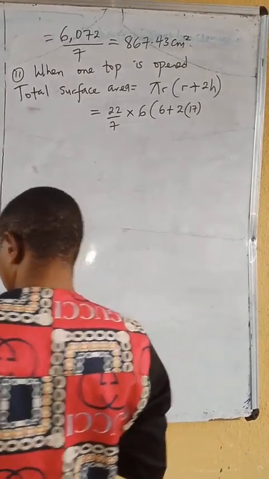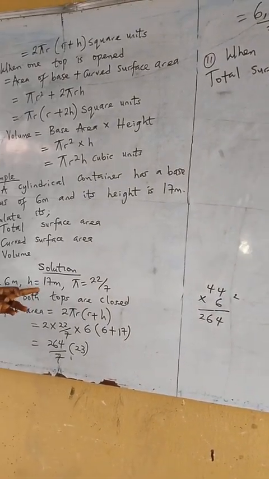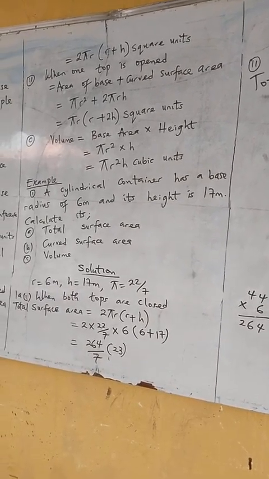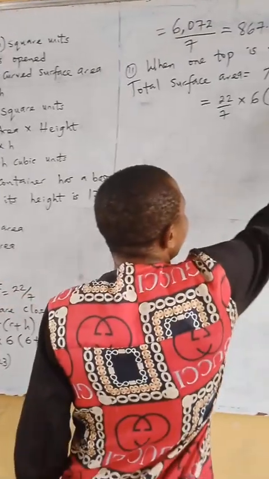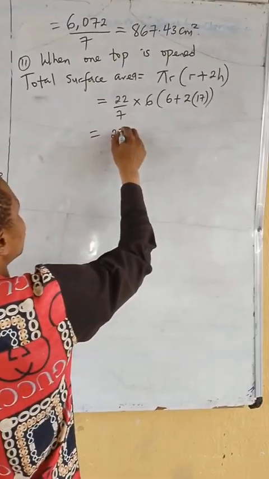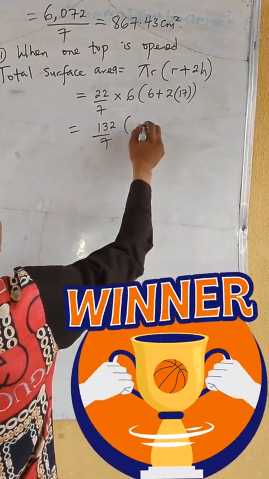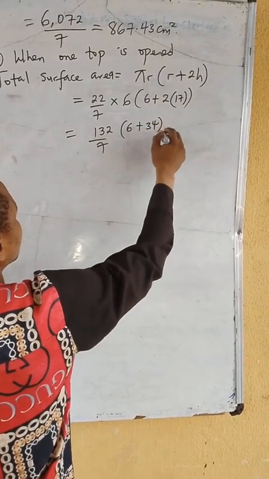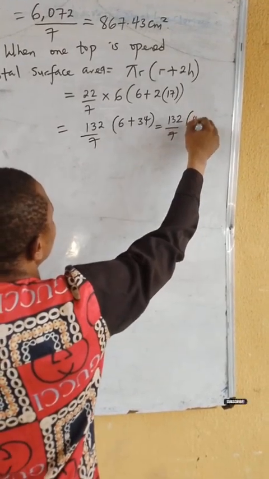Don't forget that. Radius is 6, height is 17 meter, and pi is 22/7. So we are going to have 22 times 6. That will be 132/7. In bracket of 6 plus 2 times 17, that will be 34. So we are going to have 132/7 in bracket of 40.